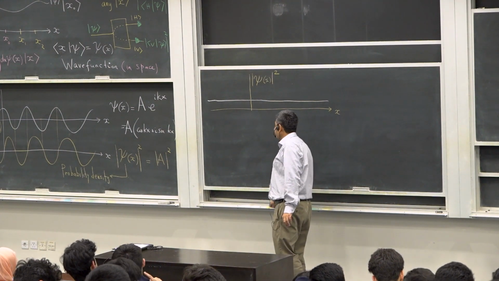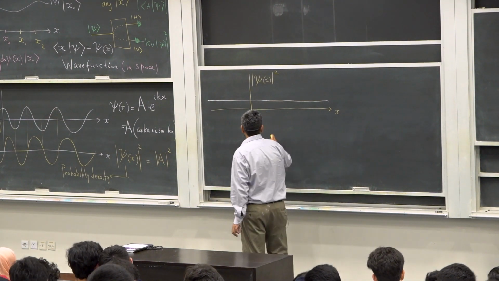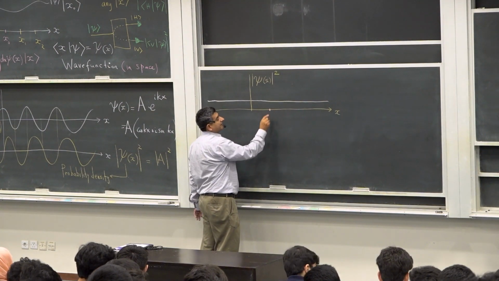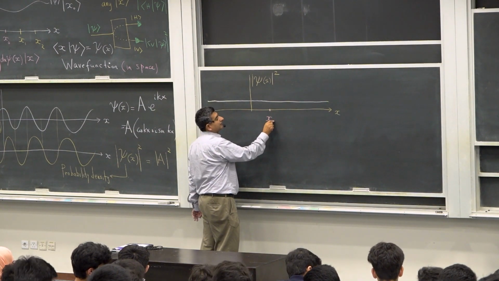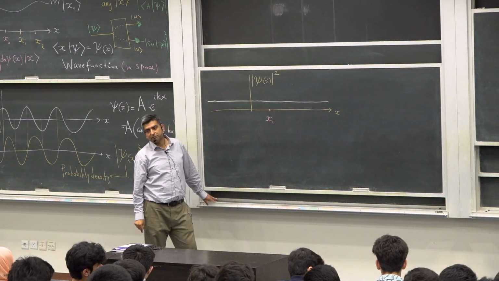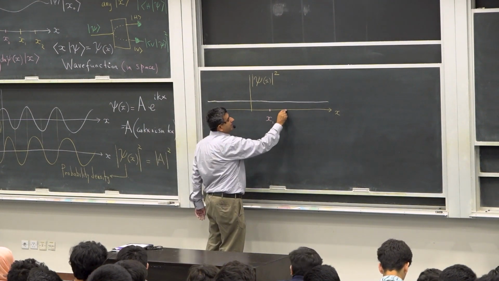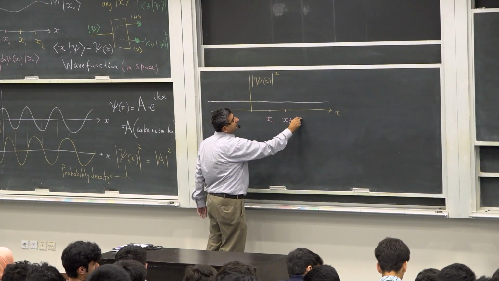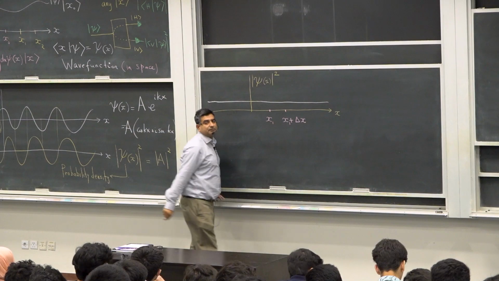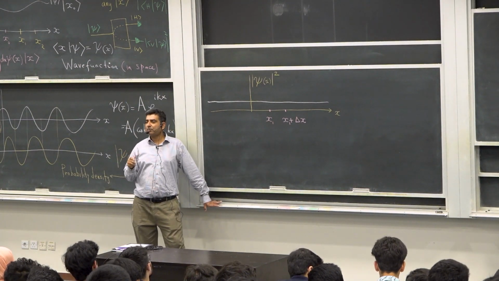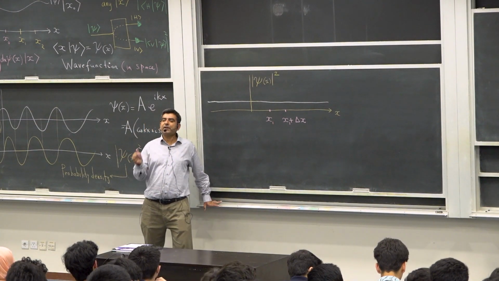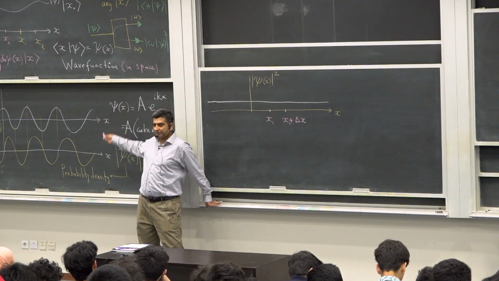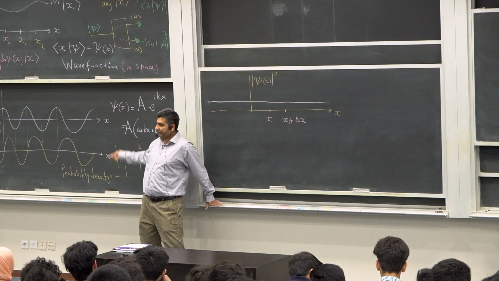So if I want to find the probability between points x1 and x1 plus some delta x, what's the probability of finding the particle whose wave function is this?